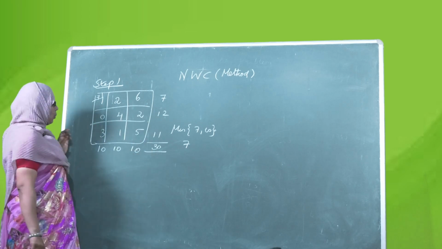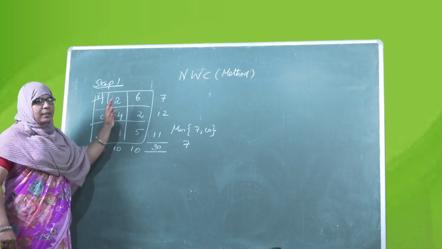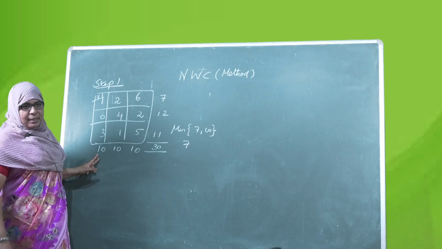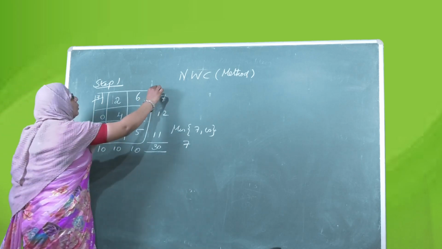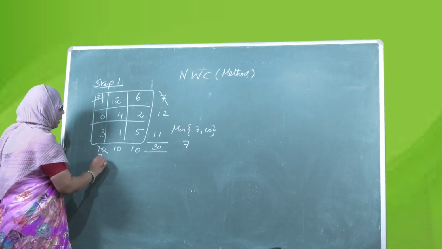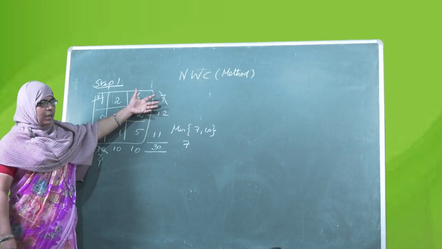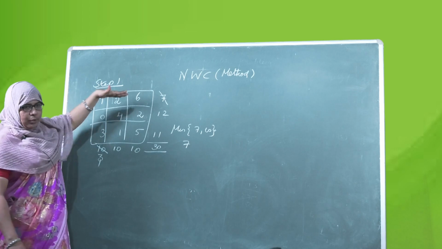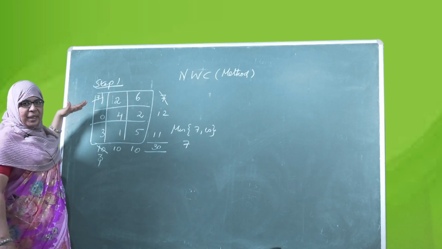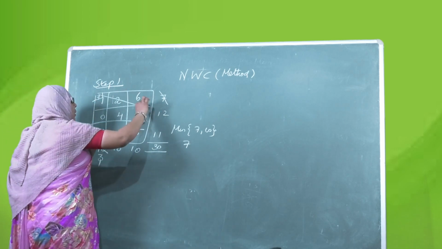Next, what is the rule? You have to subtract the minimum element from the maximum element, so remaining 3. And the 7 is vanished, so that's why the first row completely vanishes.